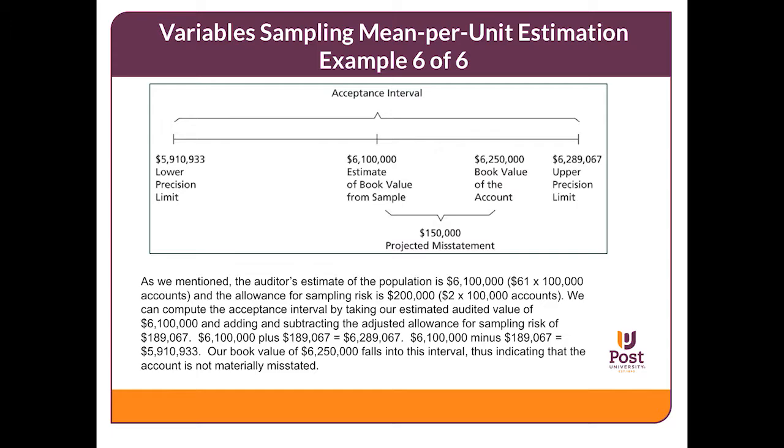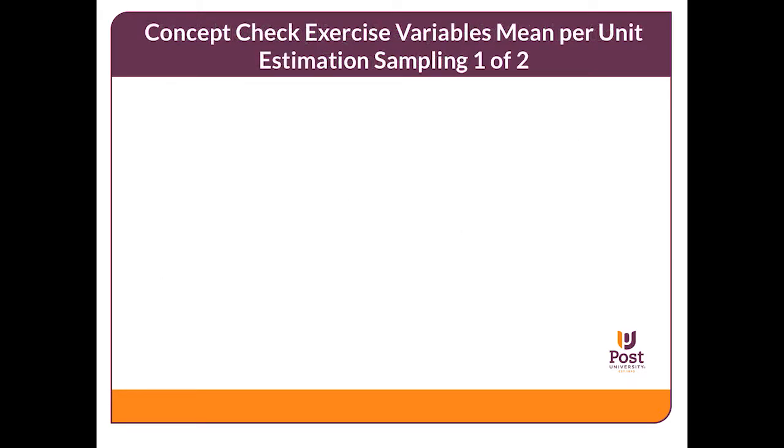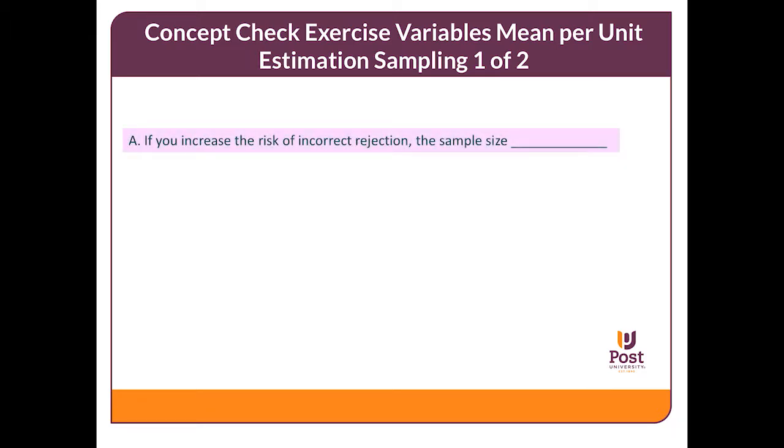materially misstated. Let's go over some concept check exercises. When using variables mean per unit estimation sampling for each of the following conditions, does sample size increase or decrease? A. If you increase the risk of incorrect rejection, the sample size will.